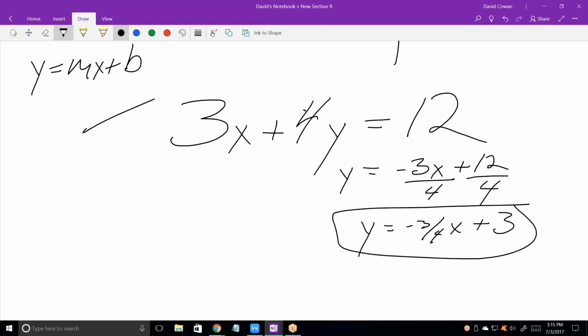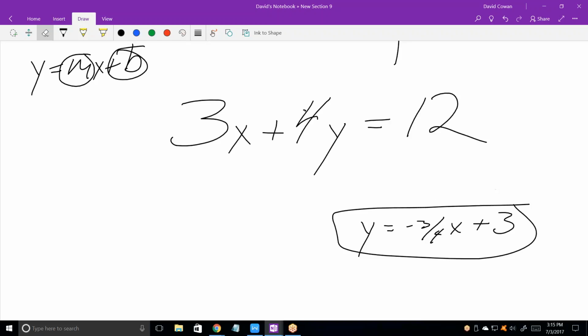What's the slope? 3. That's the y-intercept. What's the slope? Negative 3/4. Okay, yeah. m is the slope, b is the y-intercept. So, no matter how they give you the function, you can always algebraically solve it and put it into y equals mx plus b format, and then you know what the y-intercept is and what the slope is. So you can always do it that way.